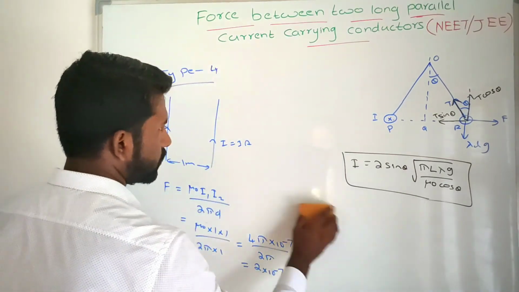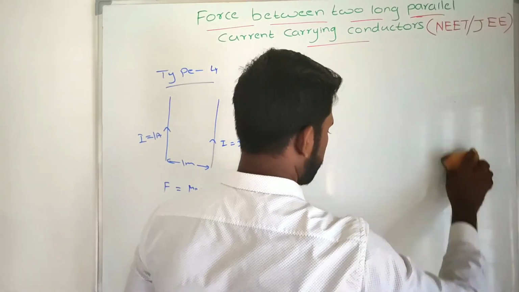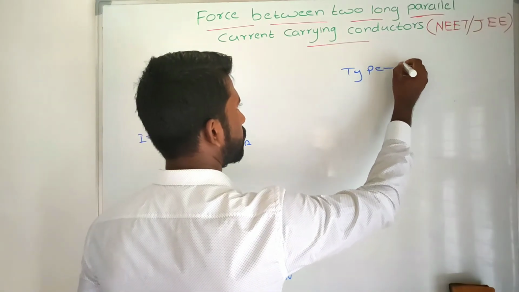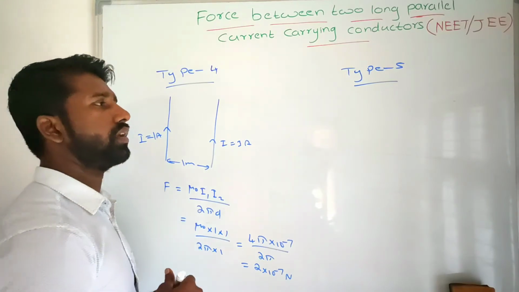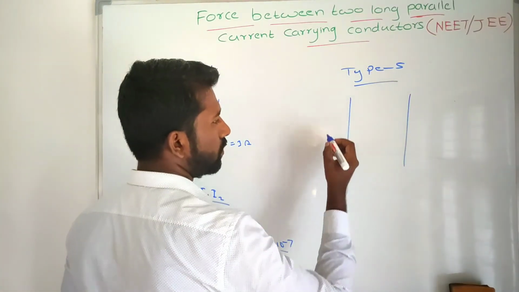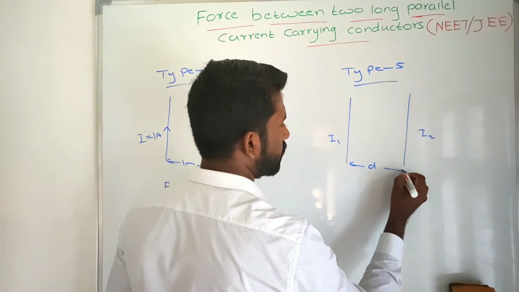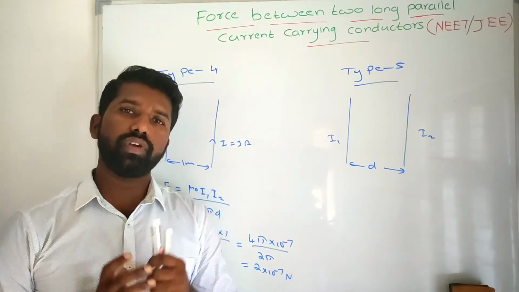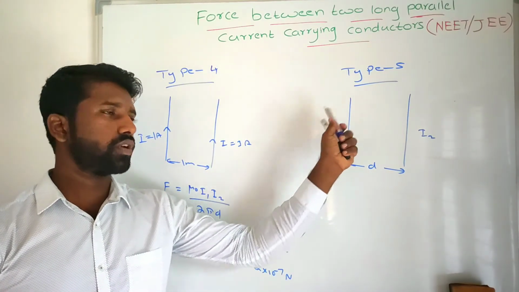Okay, now we will see type 5. If two current carrying conductors carry currents I1 and I2 and are placed d distance apart, draw a graph showing the variation of force with the product of the currents.